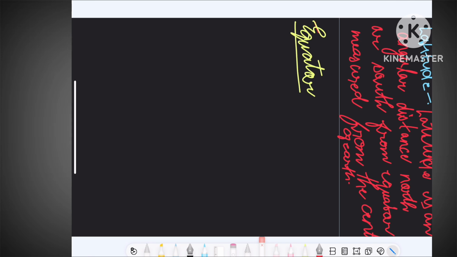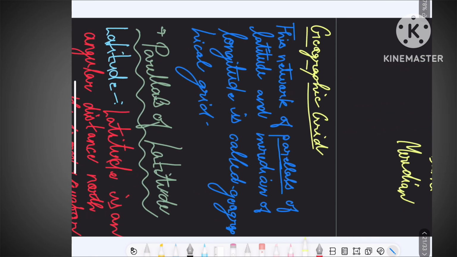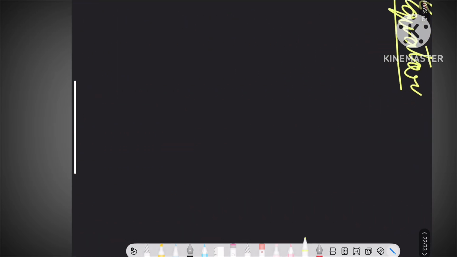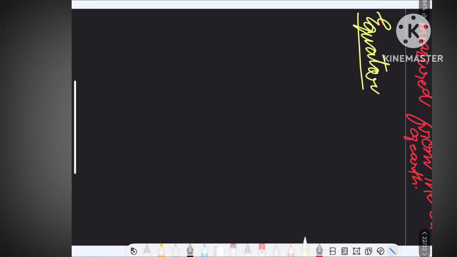Equator is taken as 0 degree latitude. Yes. All points north of the equator are called north latitudes and those south are called south latitudes. Okay.